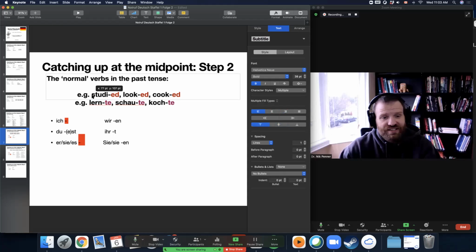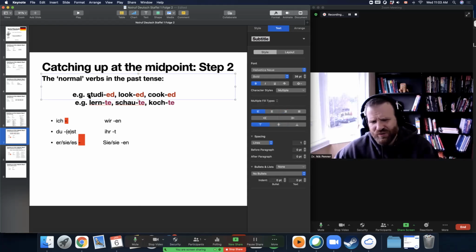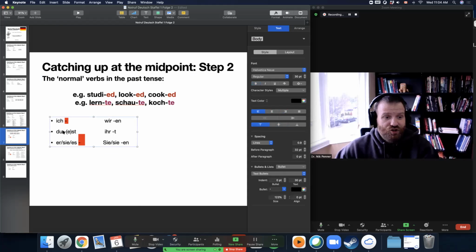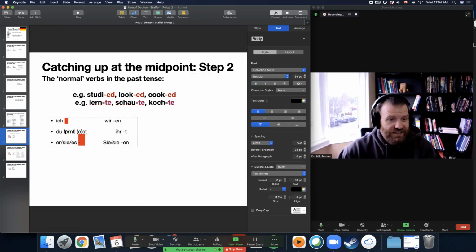In English, I studied, you studied, she studied, we studied, there are no endings. But in German, we do have some endings. So ich lernte, lernte doesn't change. See, there is nothing here. That's why it's red, there's nothing here. Ich lernte, du lerntest, er lernte.